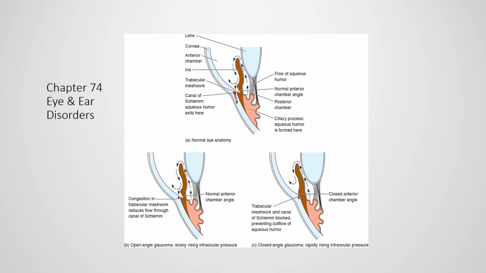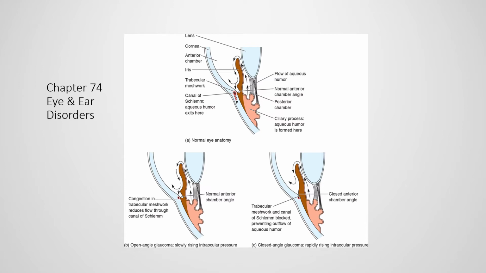Look at the arrows. It has to go into the anterior chamber, so it has to go through the pupil. This is just showing you one little section of it, but it goes through the pupil, and then it drains out through this trabecular meshwork, these little tiny canals called the canals of Schlemm, which is kind of a cool name.